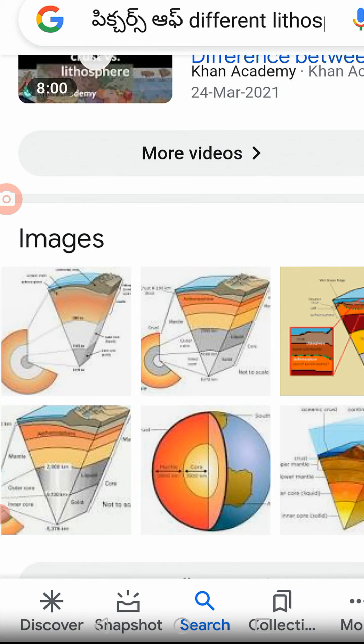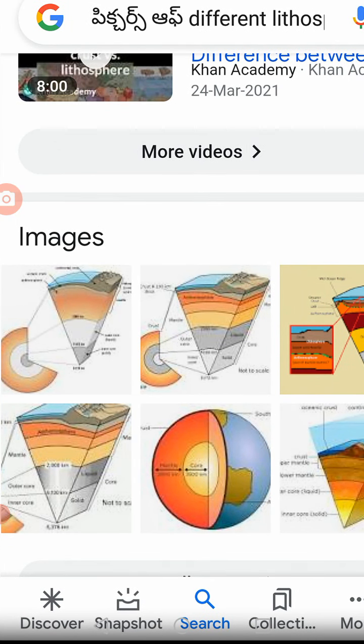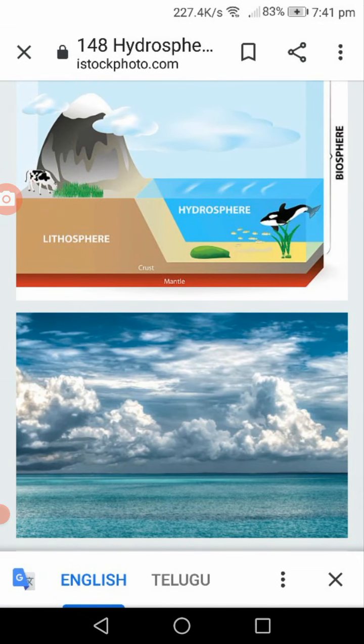Now, let us see about the hydrosphere. Hydrosphere is nothing but the water. All the water bodies present on the earth are called the hydrosphere. The earth is known as the watery planet because only on the earth you will find water. 71% of the earth's surface is covered by hydrosphere.